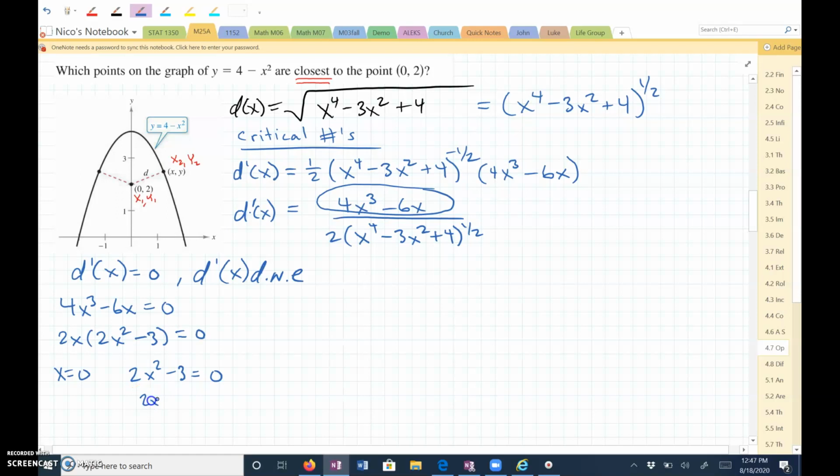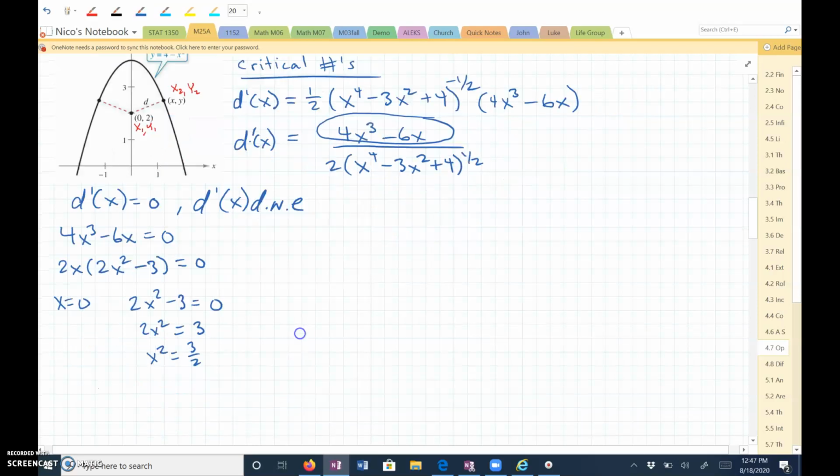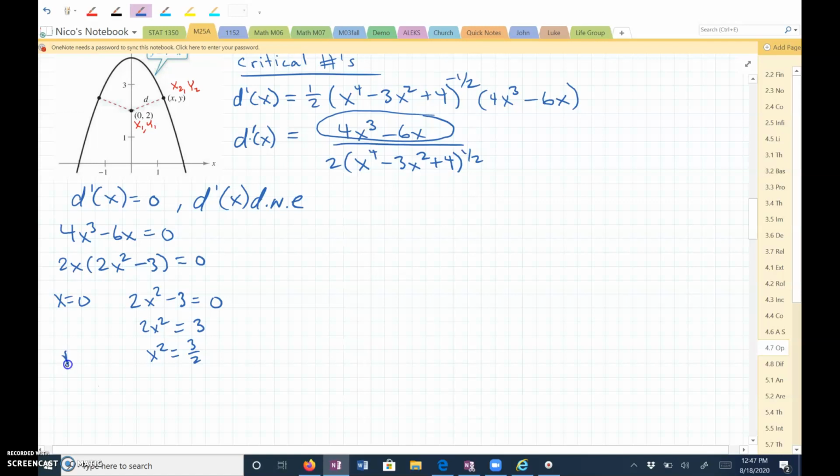So 2x squared equals 3. Divide by 2. x squared equals 3/2. Square root both sides. x equals plus or minus the square root of 3/2. So here are some critical numbers.